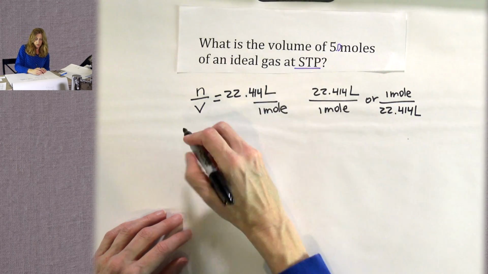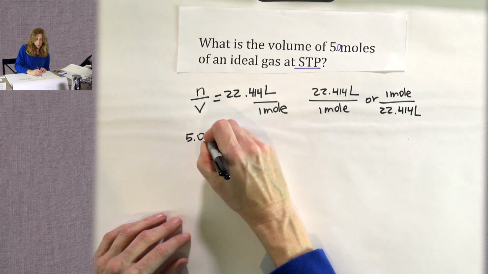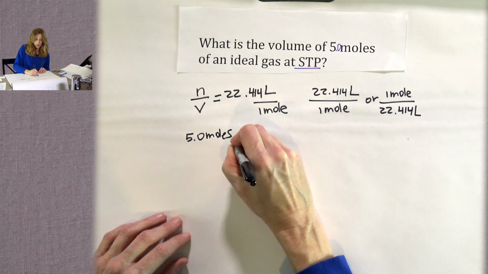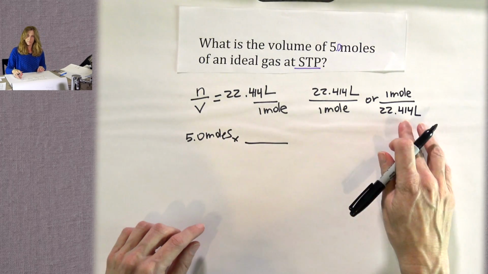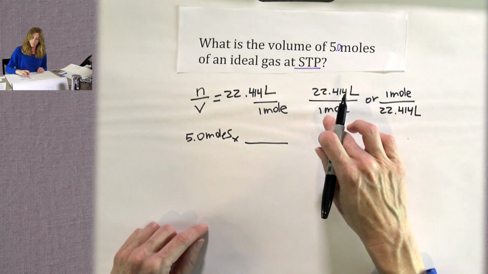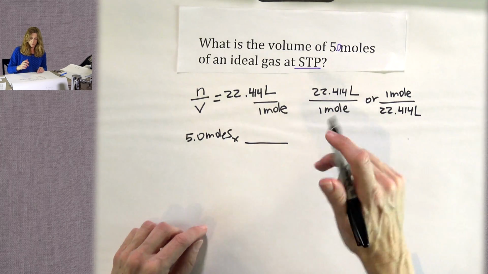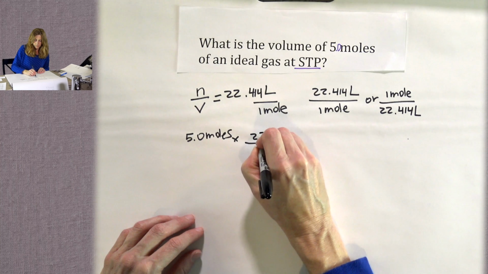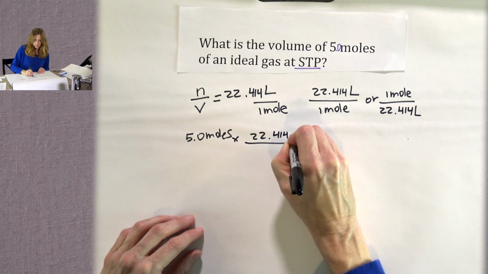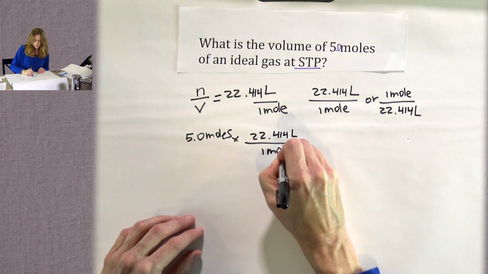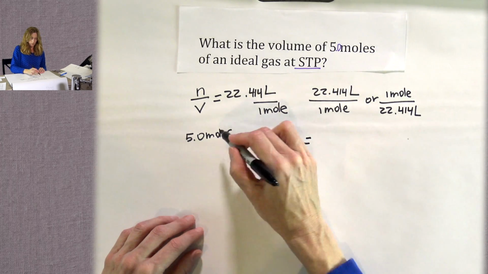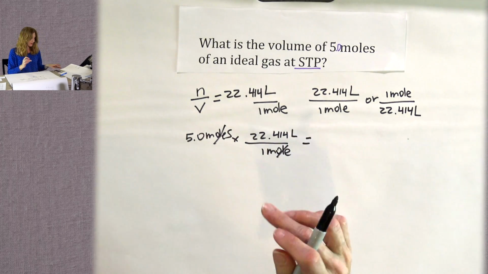We're going to write down our starting amount of 5.0 moles. And we're going to multiply it by a conversion factor. We're going to use our first conversion factor so that moles is in the bottom. Okay, our moles is going to cancel out, leaving us with volume.